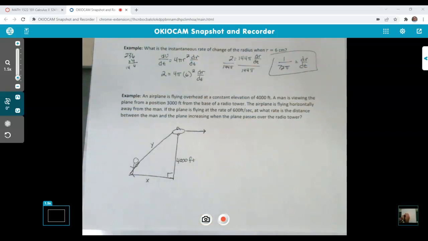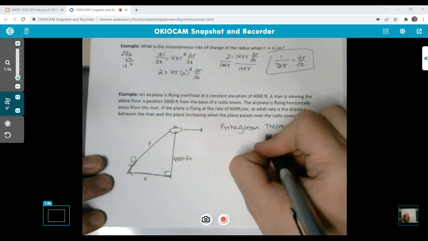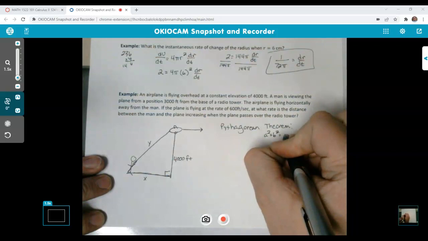So now I've got to think, okay, what equation can I make from this? Well, this is a right triangle, and so I can use the Pythagorean theorem to write an equation. And remember that says a squared plus b squared is equal to the hypotenuse squared.